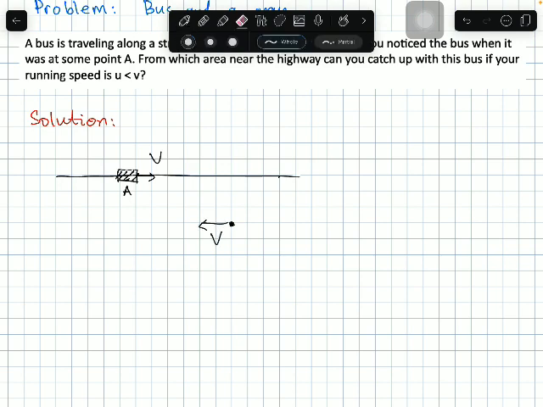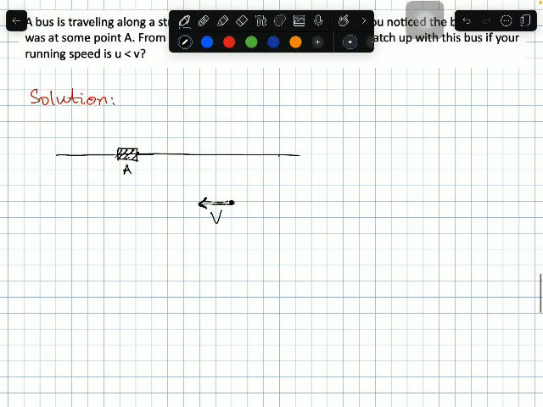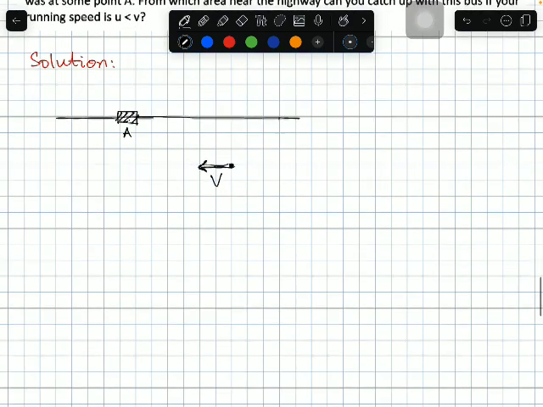In this inertial frame, we might just stop the bus as if the bus is not moving, but you are moving, passing by the bus at speed v, and then you want to add another speed, your own speed u, so that you would be running towards the bus and be able to catch it.